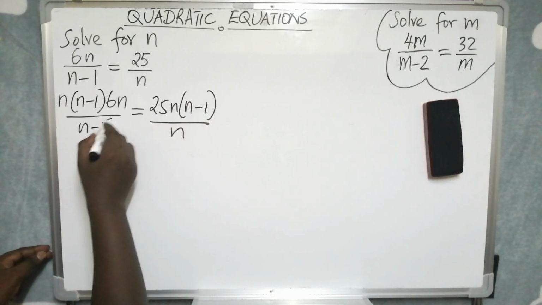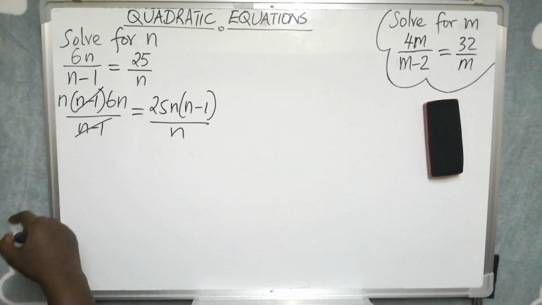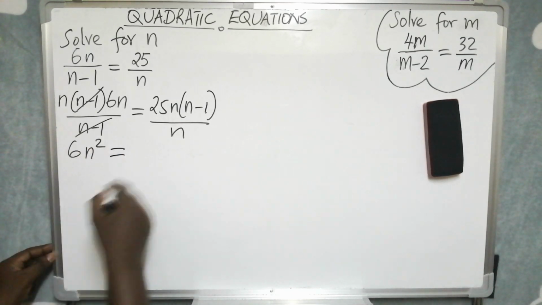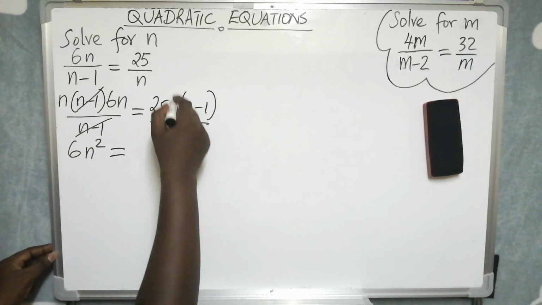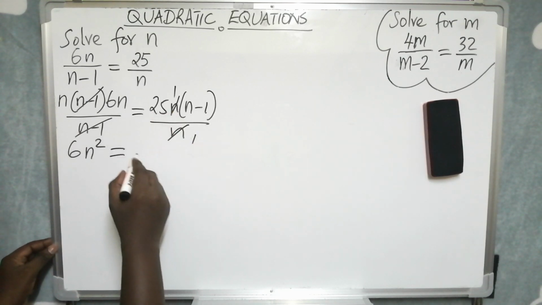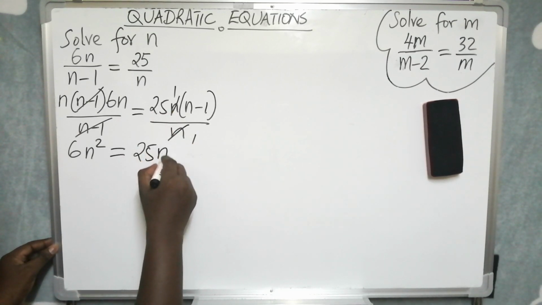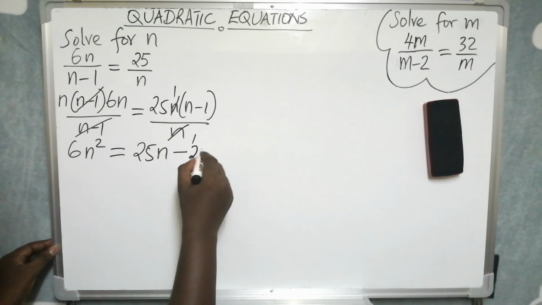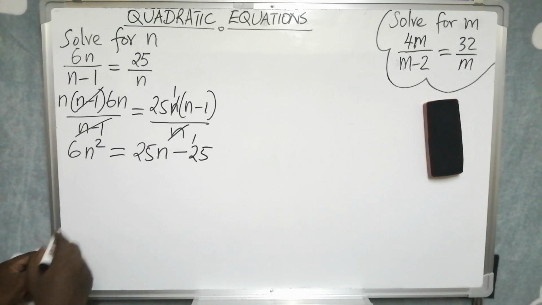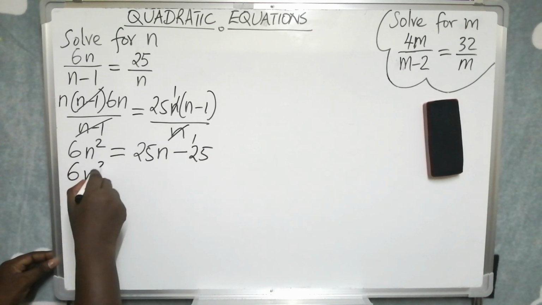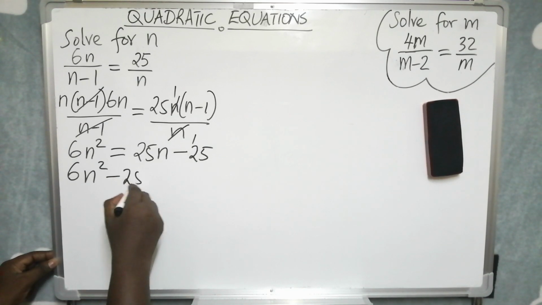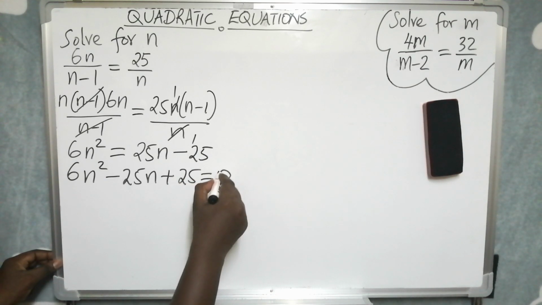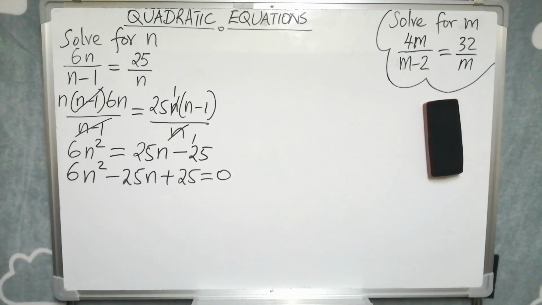Then we divide by n minus 1 here to get 6n squared is equal to n divided by n, and that gives us 25 times n, which is 25n, minus 25 times negative 1, and that gives us 25. Therefore, we have 6n squared minus 25n plus 25 is equal to 0 to form a quadratic equation.